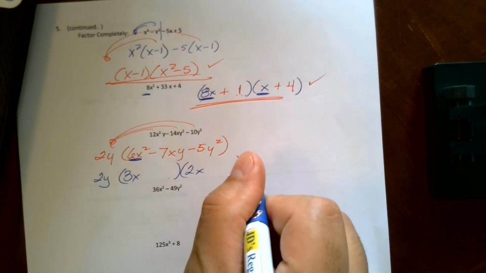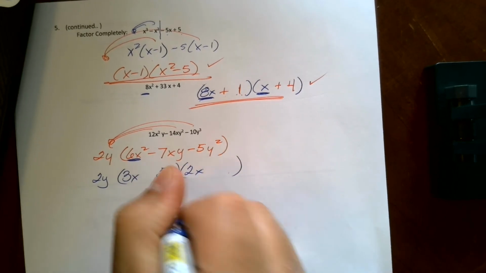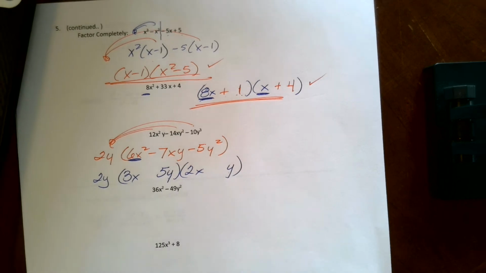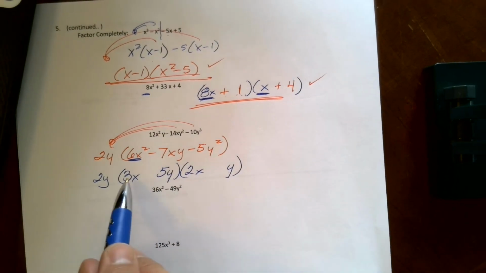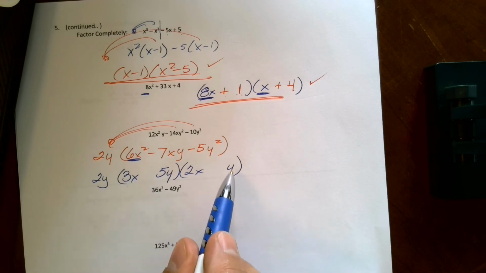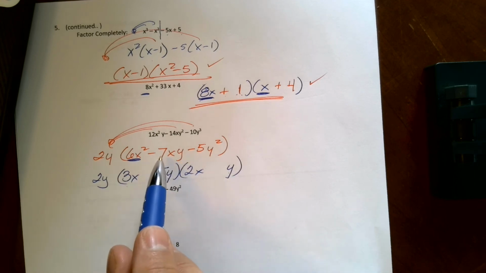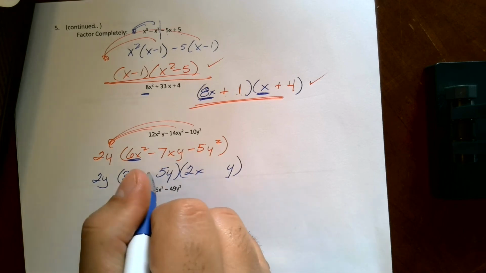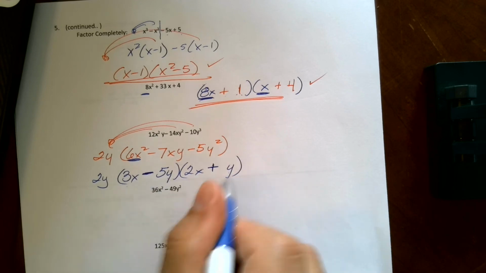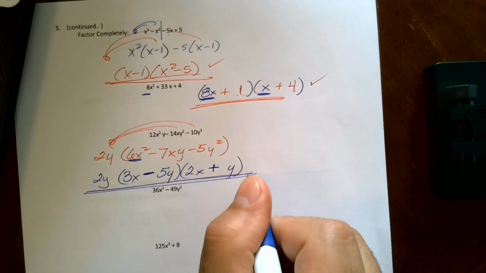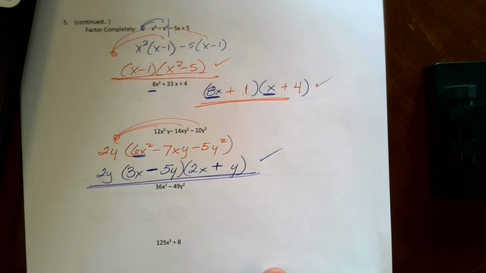So I could do 1 times 5 or 5 times 1. 5y times 1y, because I can see that this is going to give me a 10, and my outers will give me a 3. And I know that 10 minus 3 is 7. I want a negative 7, so this has to be a negative 10 and a positive 3.